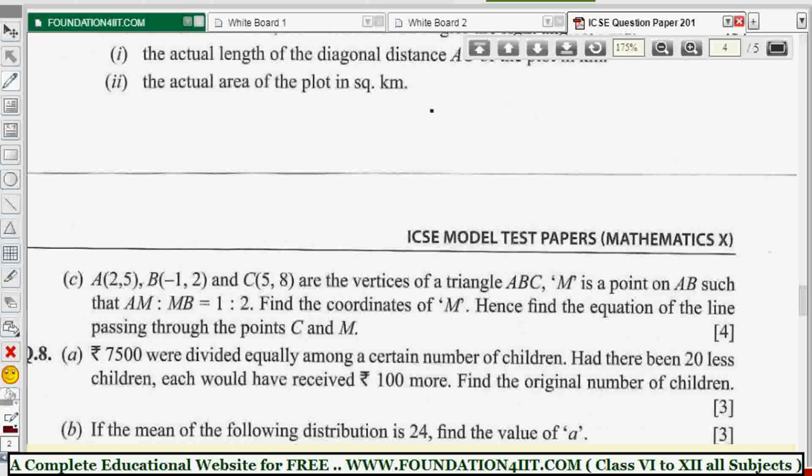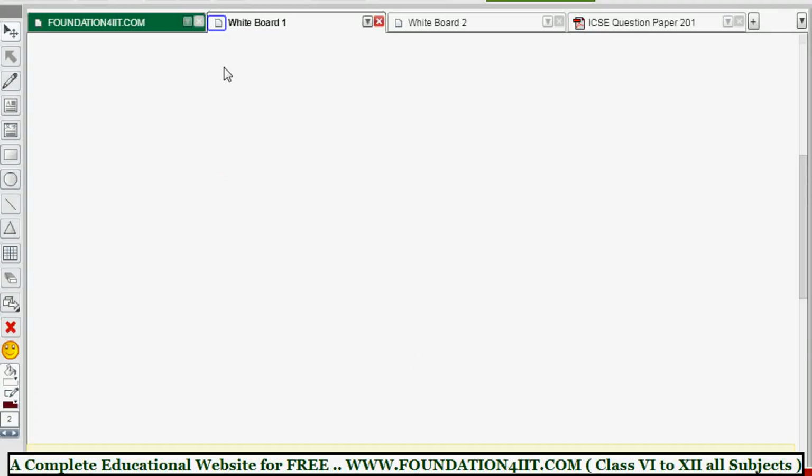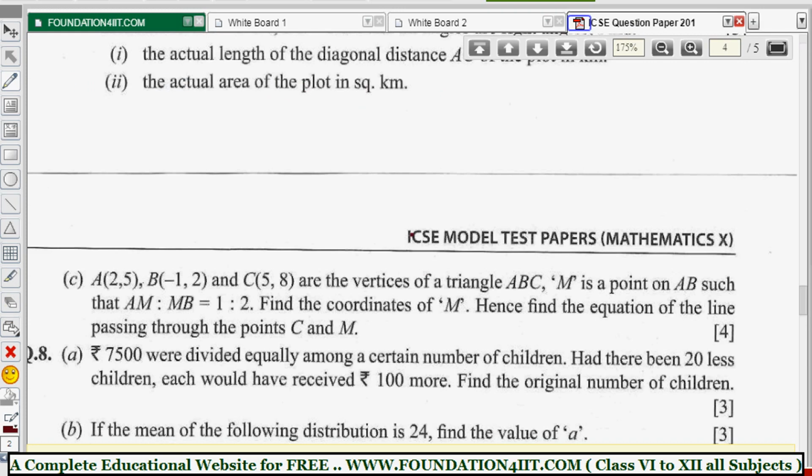So we will take the ratio first. Your given data is, first of all, AM is to MB is equal to 1 is to 2. And these three are the vertices of triangle ABC. M is the point on AB.